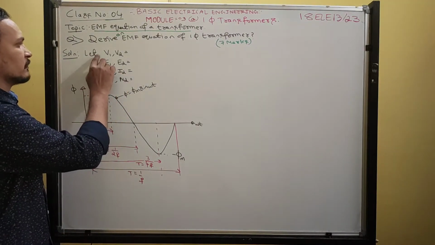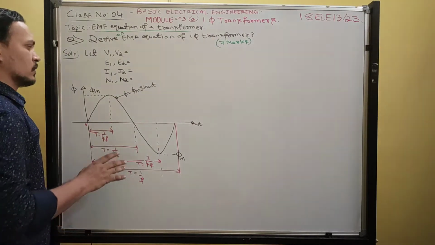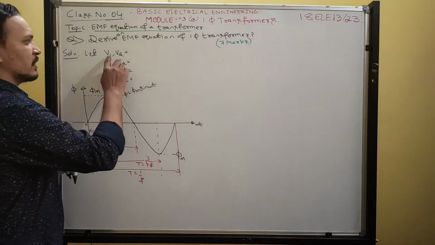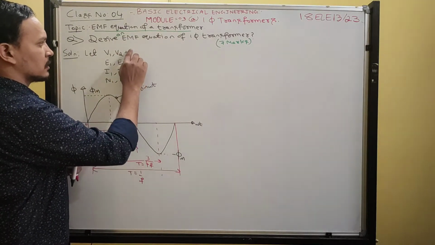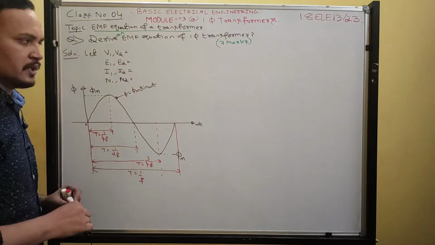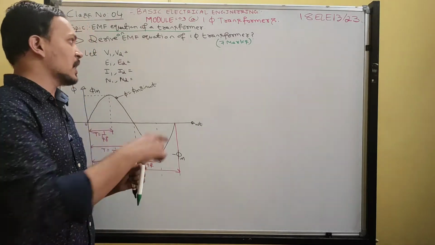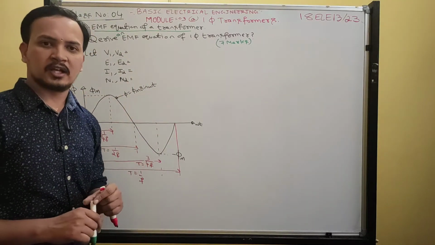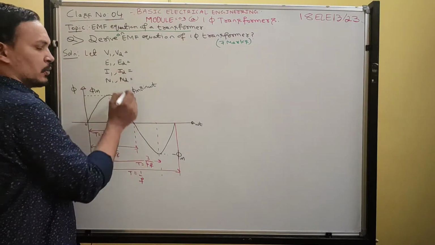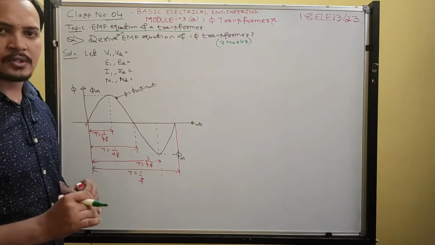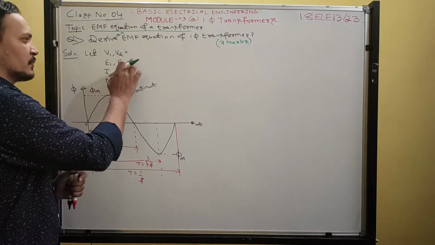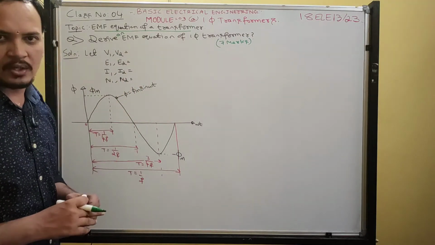See now, you should start with notations. Let V1 and V2 be the primary applied voltage and secondary terminal voltage. Then E1, E2: primary induced voltage and secondary induced voltage.